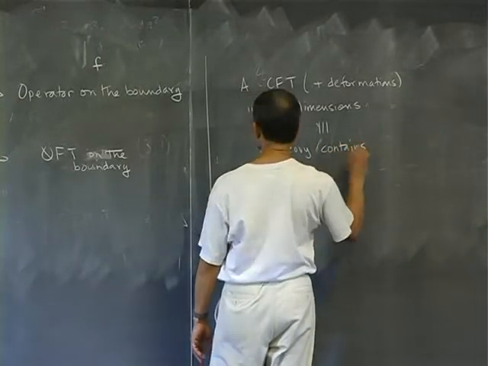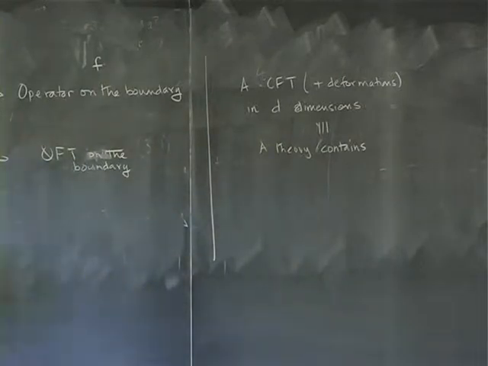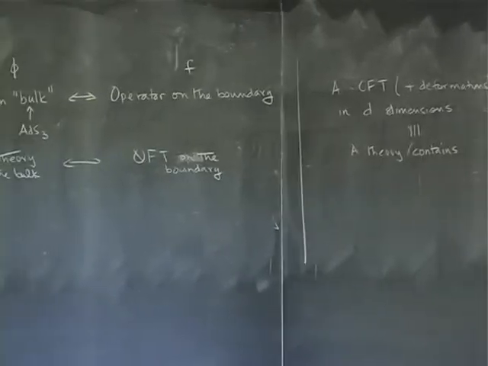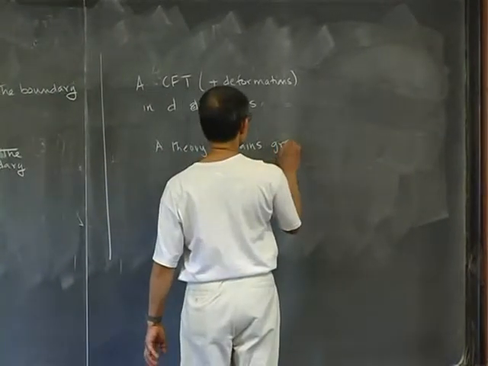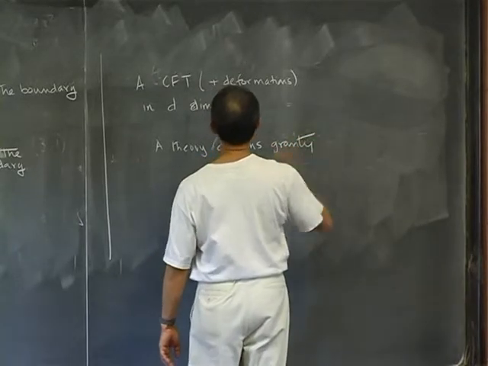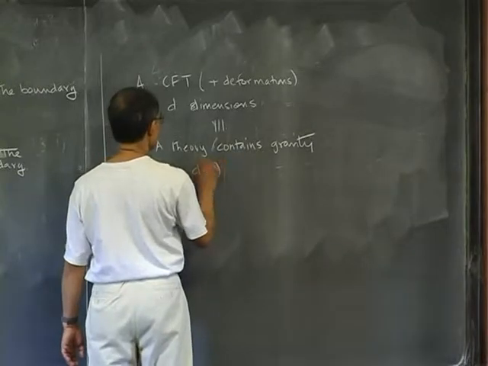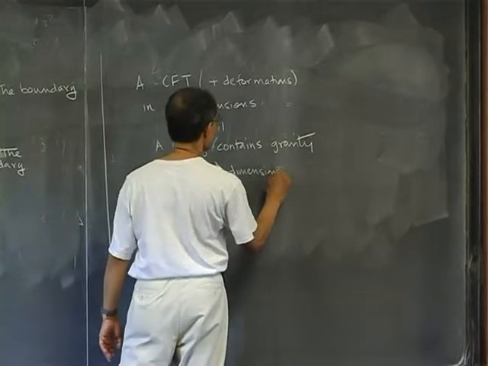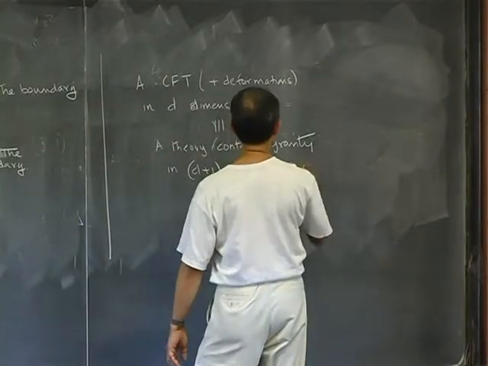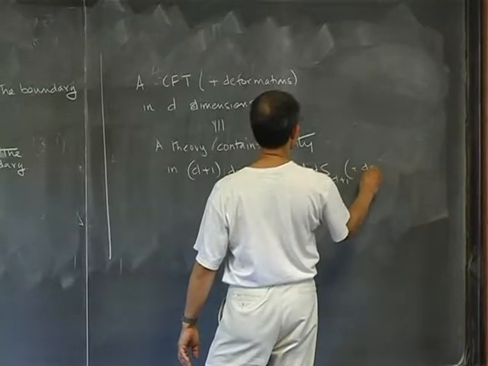And the reason why gravity comes into the picture is a bit involved. It has got to do with string theories and all kind. I don't want to go into all that, but there's some theory which contains gravity. There is reason why that theory should contain gravity and nothing else in d plus 1 dimensional, plus deformation.